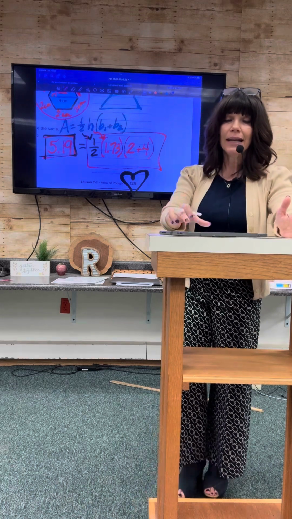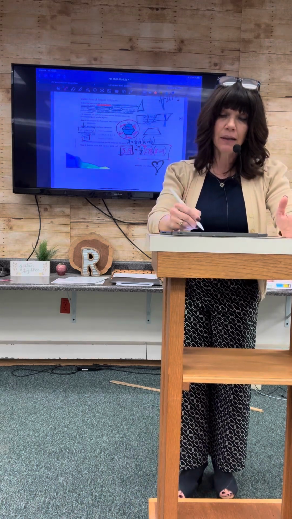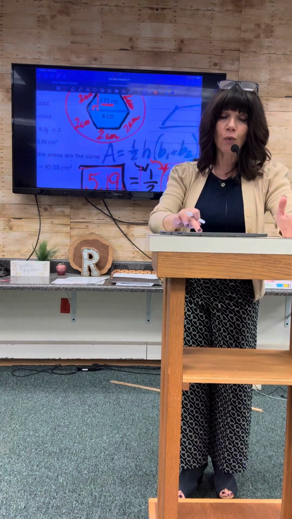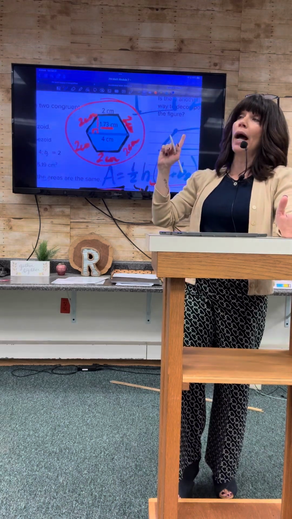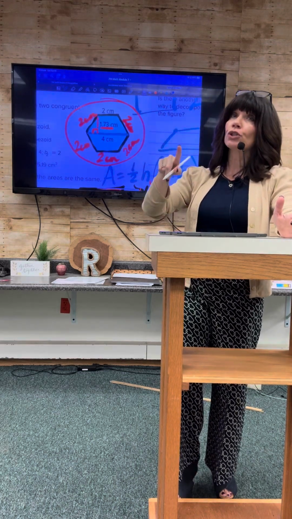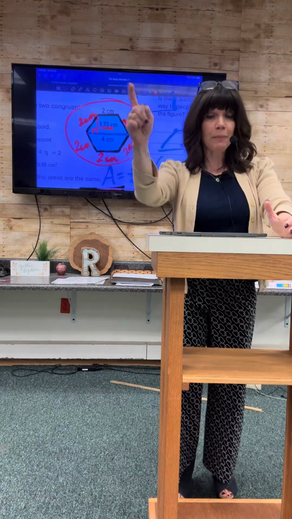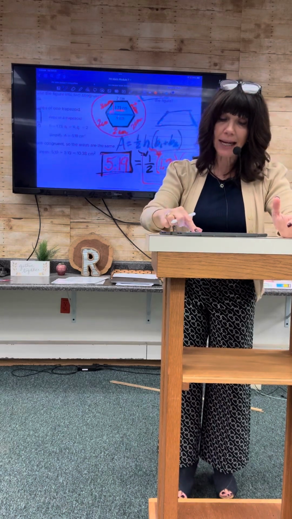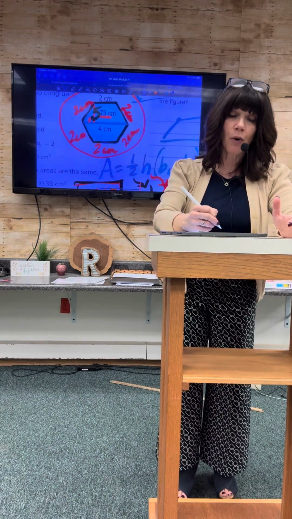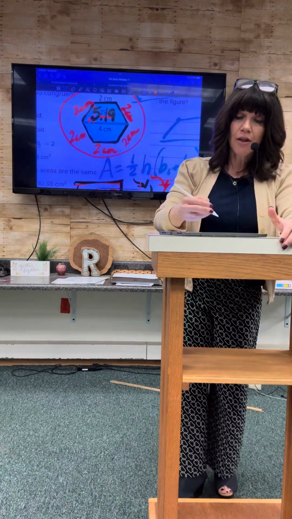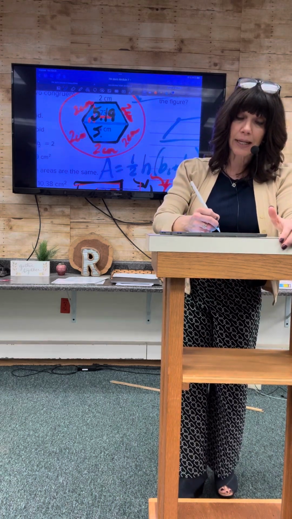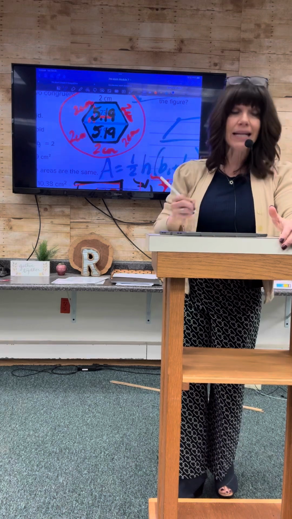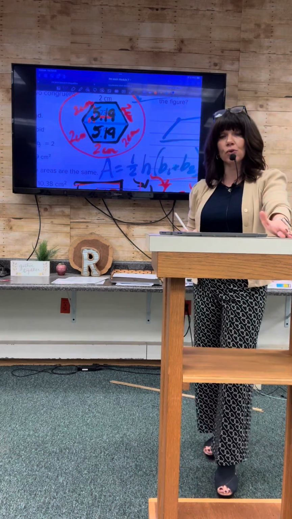Now, go back to your trapezoid and please write the 5.19 inside of what? Each trapezoid. So please write that area 5.19 inside your top trapezoid. Then please write 5.19 inside your lower trapezoid.